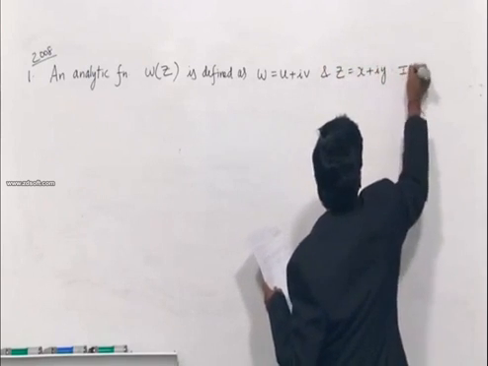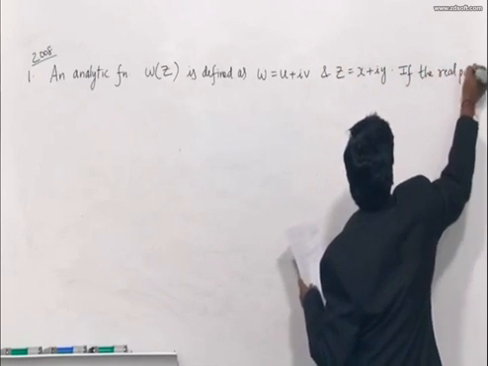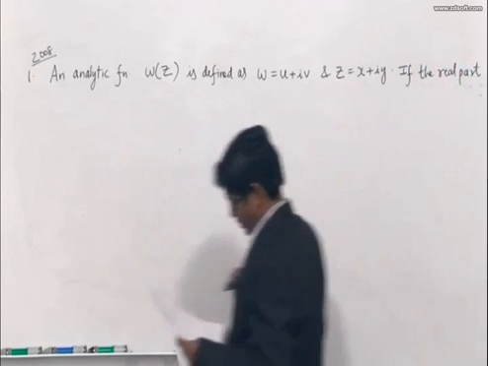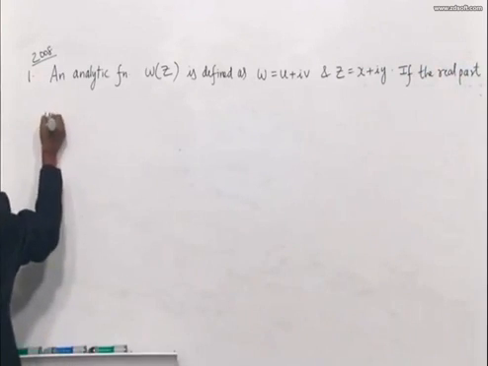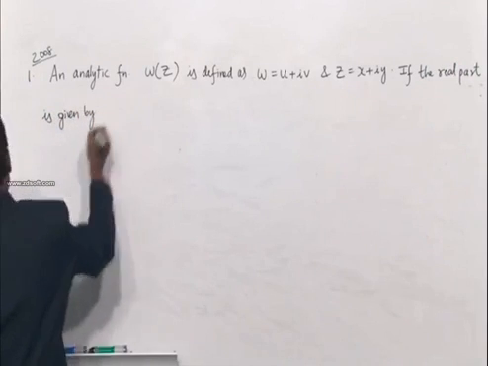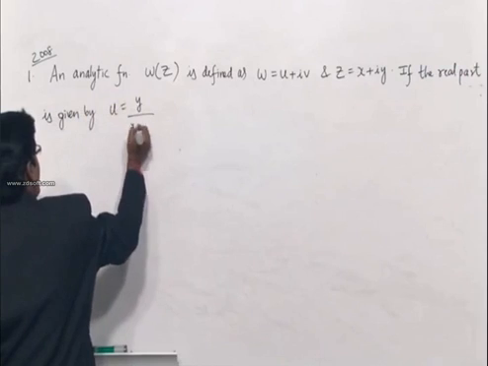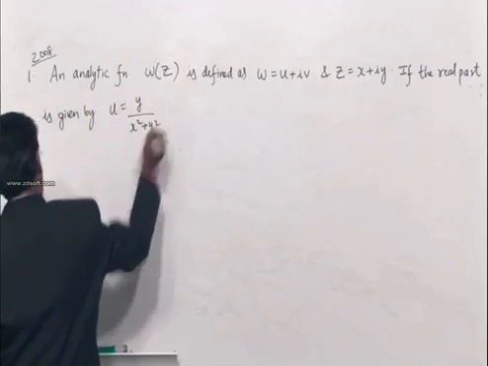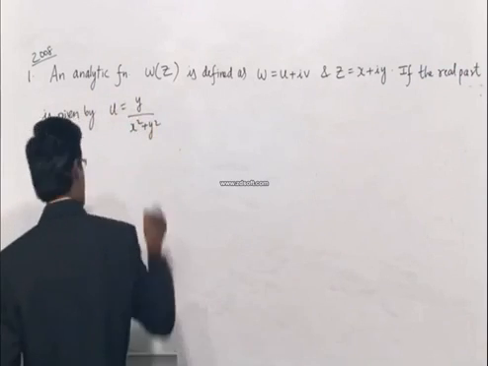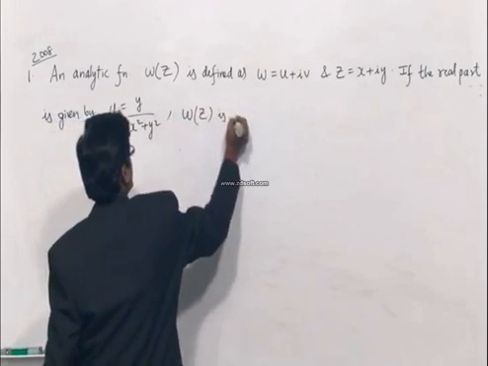If the real part is given by u is equal to y by x square plus y square, find w of z, that is, w dash of z.